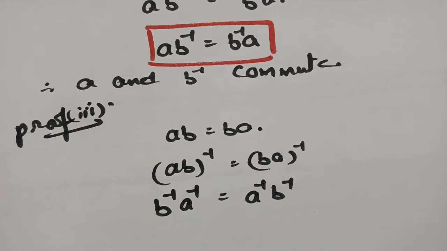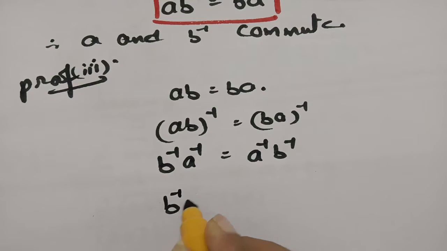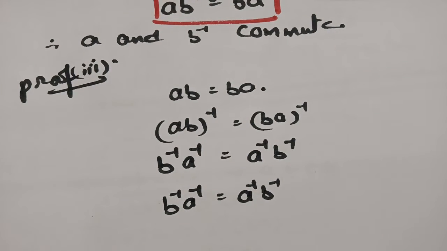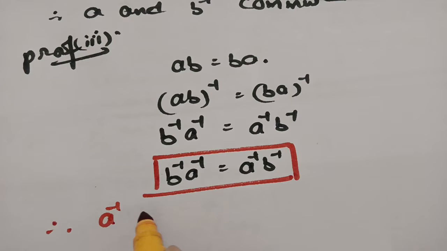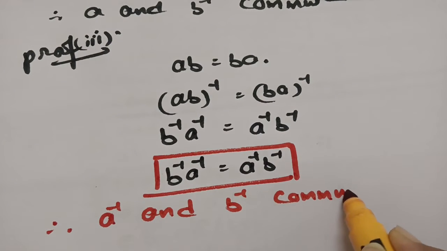So B inverse into A inverse is equal to A inverse into B inverse, which is nothing but A inverse and B inverse commute. Therefore A inverse and B inverse commute.